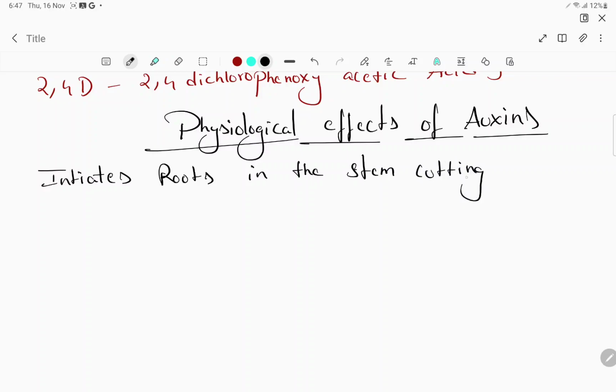So remember how to remember these auxins: remember from the root, stem, flower, fruit, seed, like that. So then you can remember this. So roots in stem cuttings. And roots will be absorbing water and minerals, and that will be sent through xylem. So cell division. So the cell is divided, finally differentiated as xylem. So xylem differentiation.